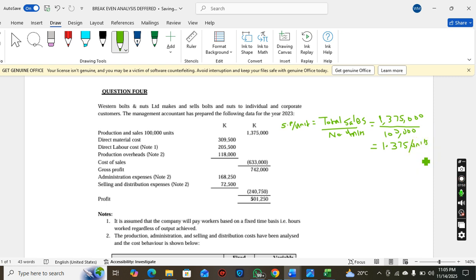Remember our contribution per unit is the selling price per unit minus our variable costs per unit. So we need to get our variable cost per unit. The first variable cost is direct materials.